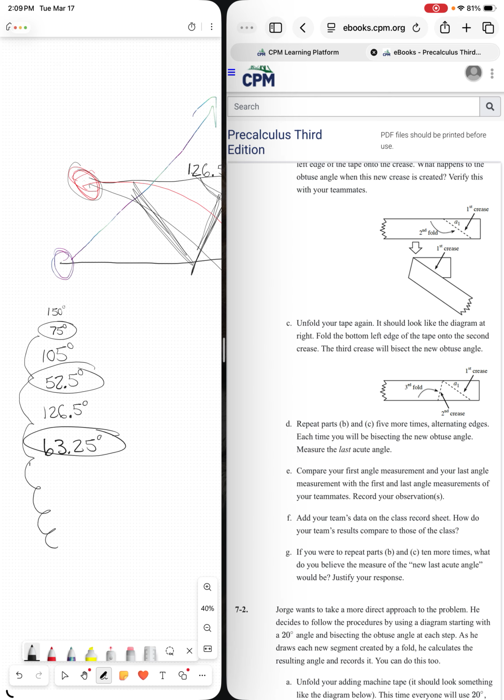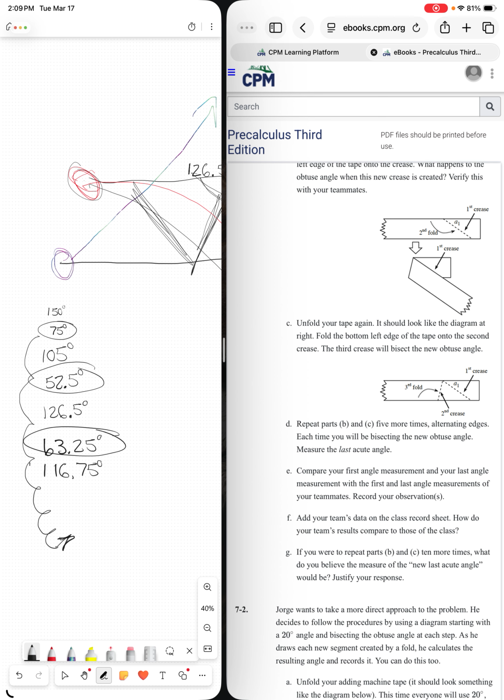You're going to see this angle started at, well, actually, I think the first angle we started at was 30. Now we're all the way to 63.5. The next angle would be 116.75.